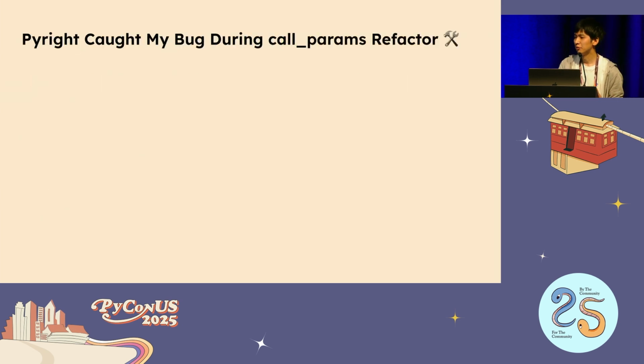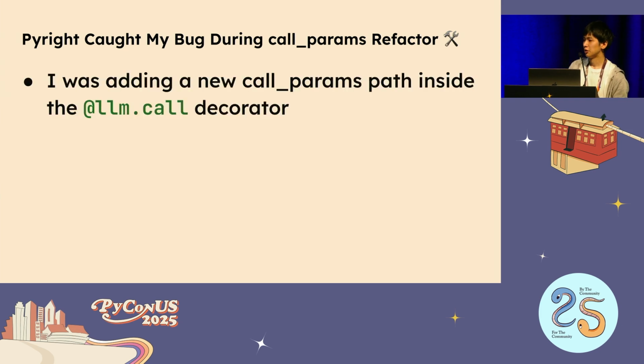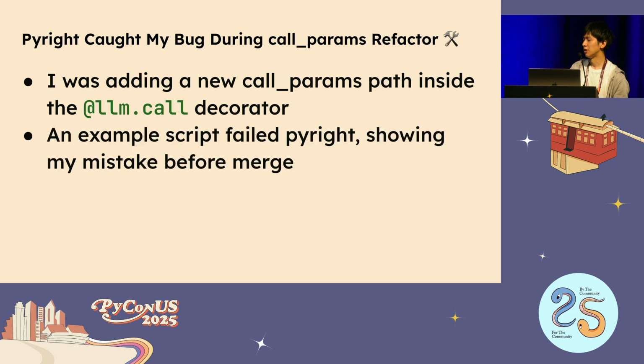I met an issue. I had a task of adding new call params to the decorator, and an example script failed Pyright, showing my mistake before merge.